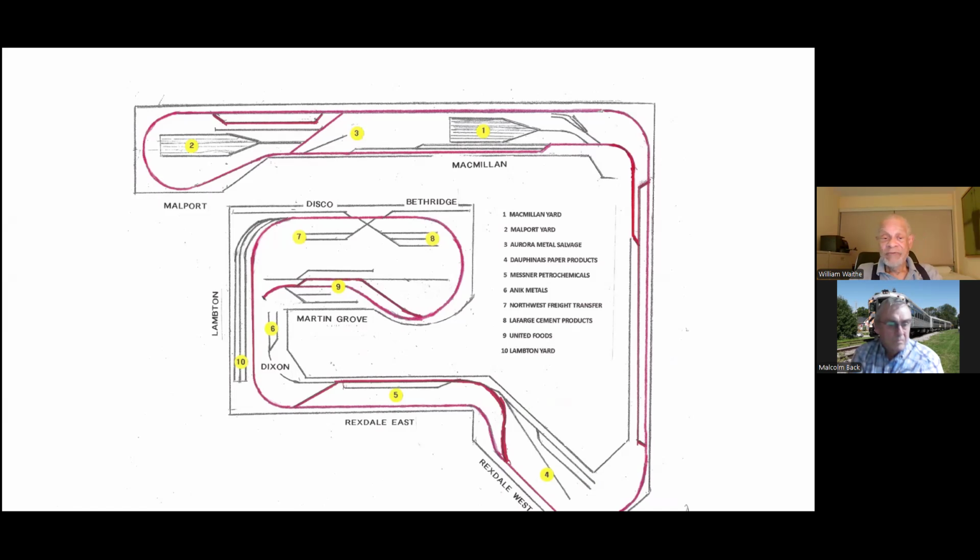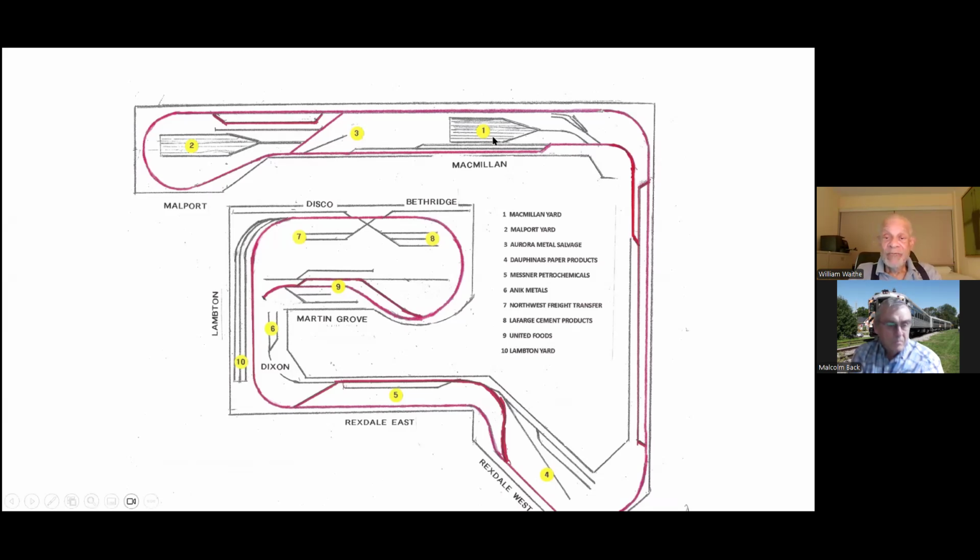We have re-rails to be removed before you go into an industry. We operate with an engineer and a conductor, each with their own roles. So although we're removing track, we're not removing any of the fun of operating. In fact, it becomes more interesting and more realistic.